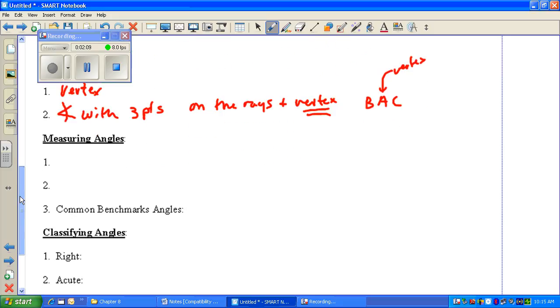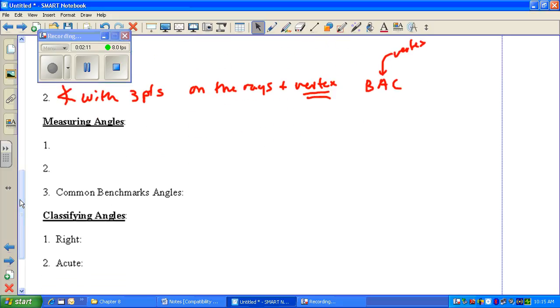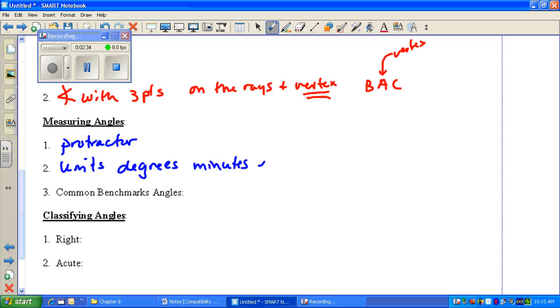I can measure angles, and the device I use to measure the angle is a protractor, and we'll be looking at protractors and using them in class with our explorations. And when I measure an angle, the units of the angle are in degrees. But these degrees can be broken into minutes and seconds, kind of just like the clock.